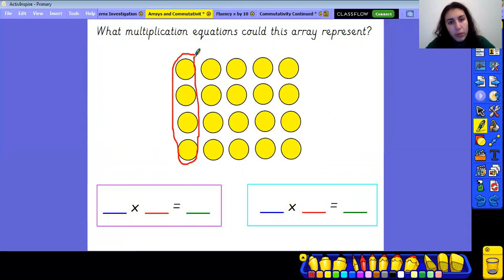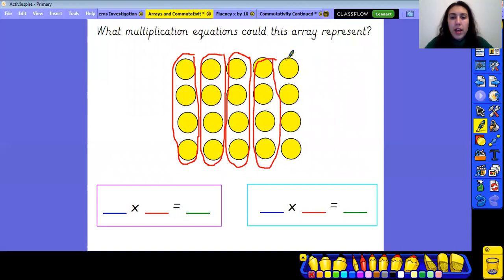So I've got one group of 4, 2 groups of 4, 3 groups of 4, 4 groups of 4, 5 groups of 4.